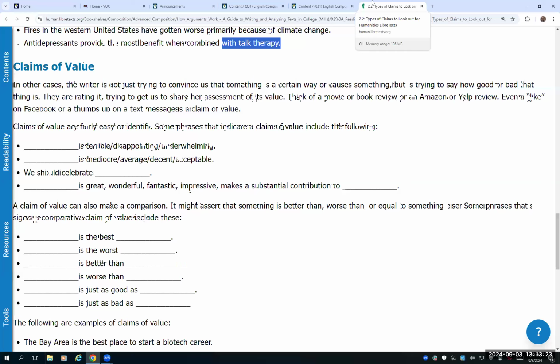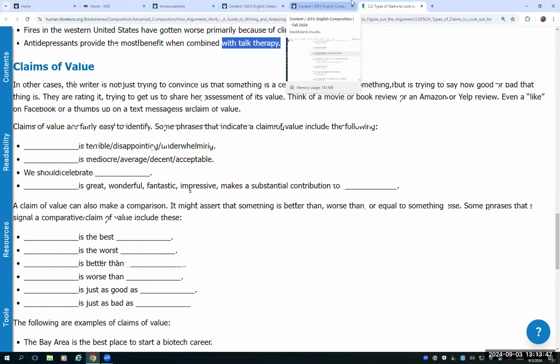Here, it's saying we should celebrate, and celebrate is an action. You're giving approval or disapproval of it. If you're celebrating something, it's like you're applauding it, saying, great, yes, I agree, this is wonderful. So because of this word celebrate, that's what makes this a claim of value.